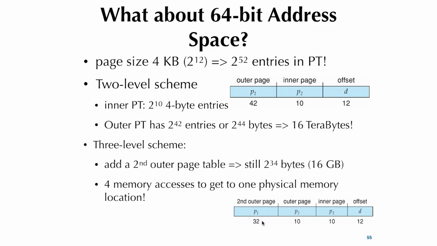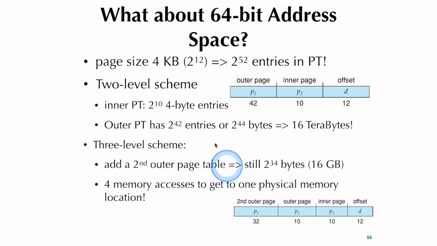So if you keep doing this, then this would be a 3-level scheme, because you have an innermost page table, an intermediate page table, and an outer, or the book calls it the second outer page table.